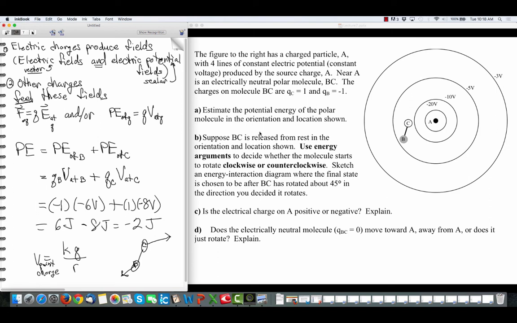So in part B, it says specifically use energy arguments. So calculate potential energies and decide how the potential energy will go down.